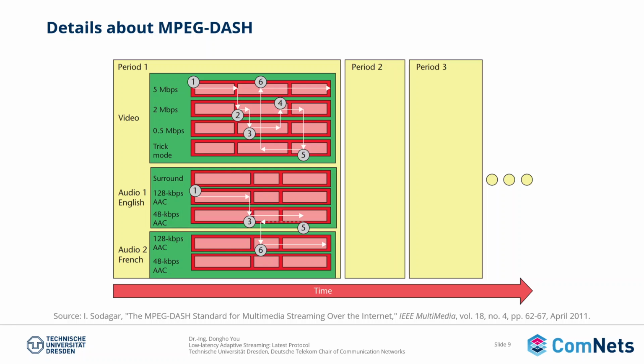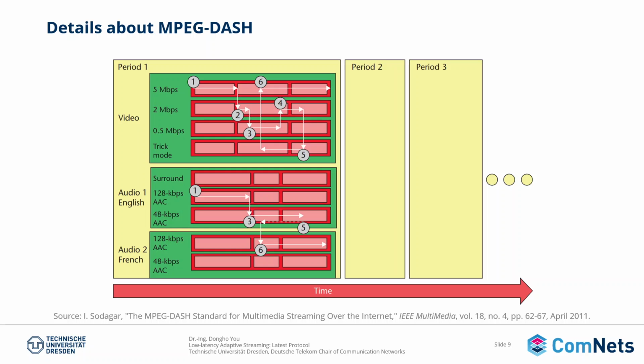So let me give you some questions. In this figure, how many adaptation sets are there? Just a guess. Nobody? Anyway, there are 3 adaptation sets: the video, audio 1, and audio 2.